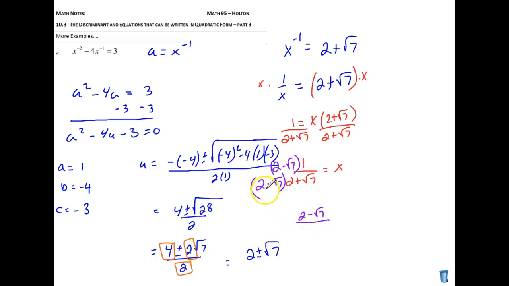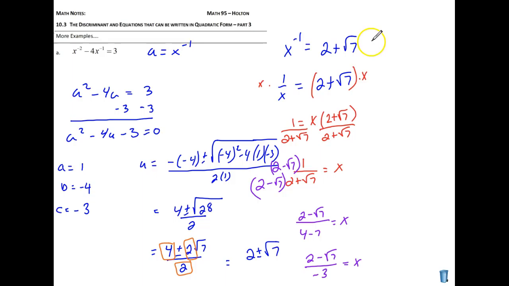And then in my denominator, let's think this out. I have 4 plus 2 square root 7 minus 2 square root 7, which is great. And then I have a minus square root 7 times square root 7, which is square root 49 or 7. So I end up with 4 minus 7. And so I end up with x equals 2 minus square root 7 all over negative 3. That is my x value for there.